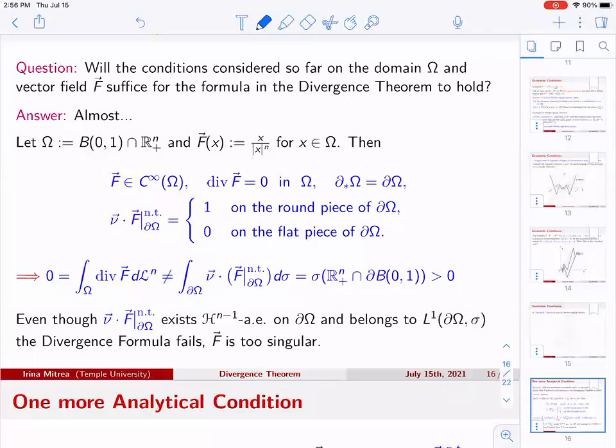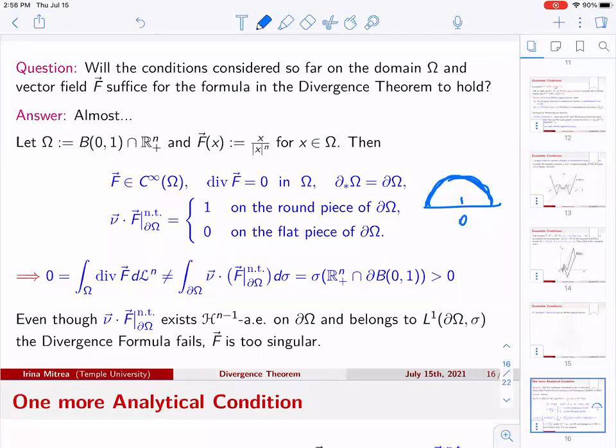And finally, a last analytic assumption. I'm going to look here at the hemisphere in Rn. Okay, so this is 0. And I'm taking the same vector field. What happens now in the case of the hemisphere: nu dot F is going to remain 1 on the round piece of the topological boundary, and it's simply going to be 0 on the flat piece because nu is perpendicular to x in there.